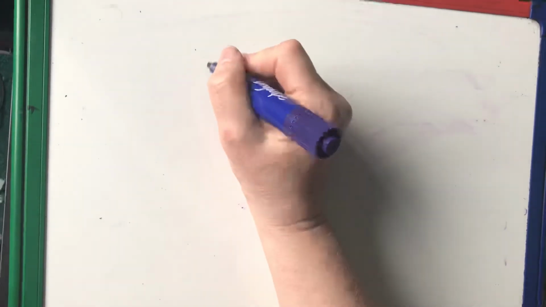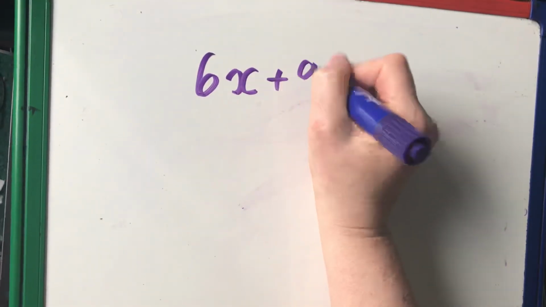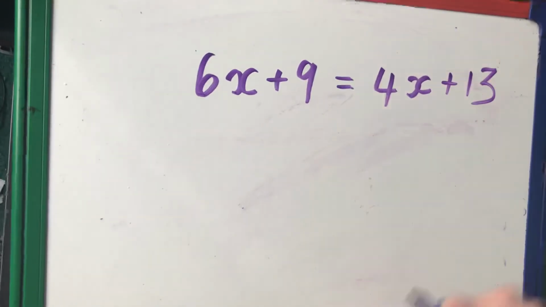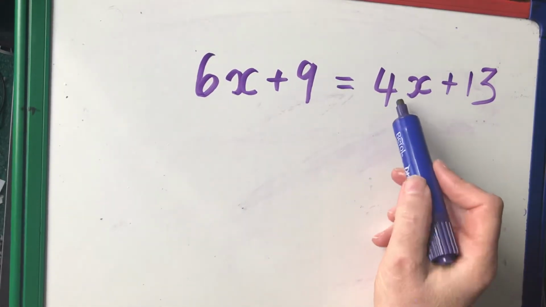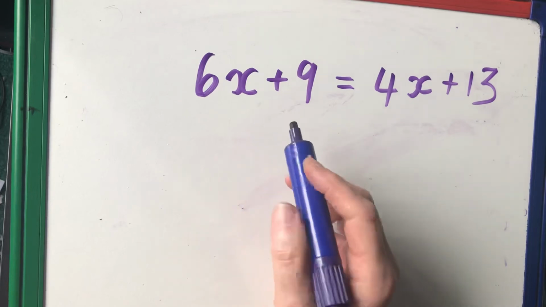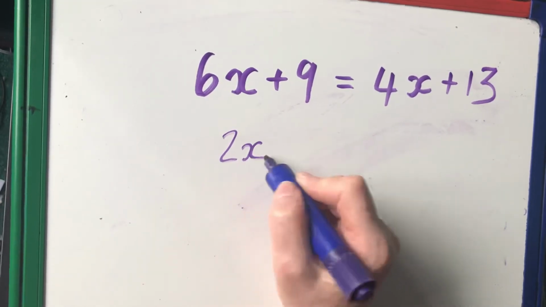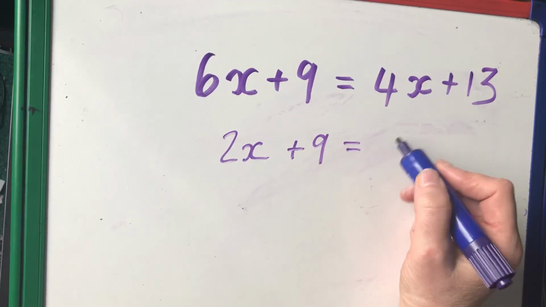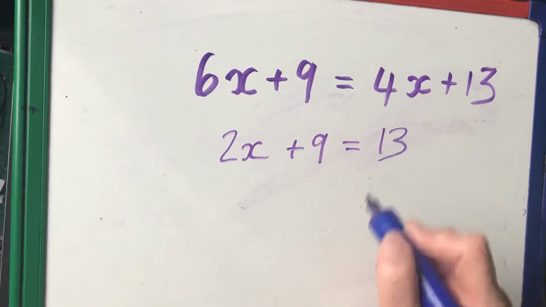Okay, number 2 is 6x plus 9 is equal to 4x plus 13. Smallest number of x is 4, so I'm going to take away 4x from both sides. 6x take away 4x is 2x plus 9 equals 4x take away 4x is 0, so 13.